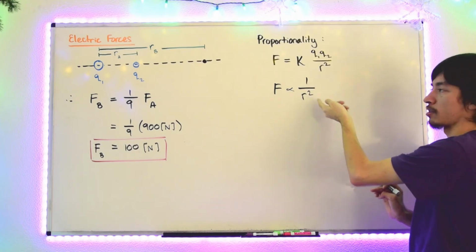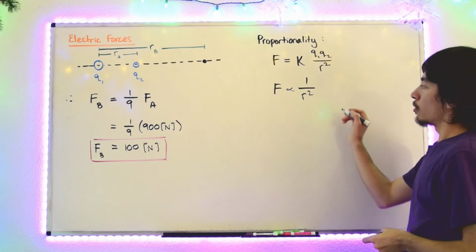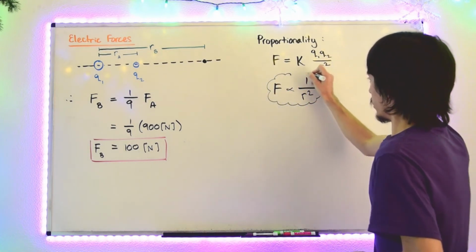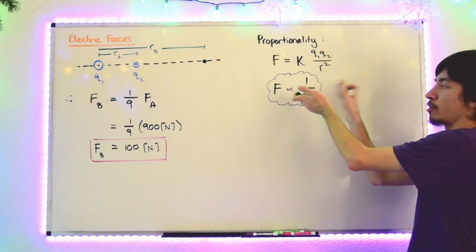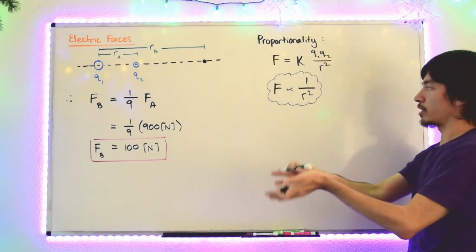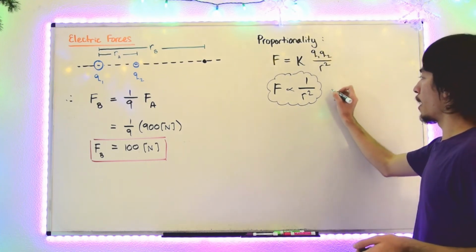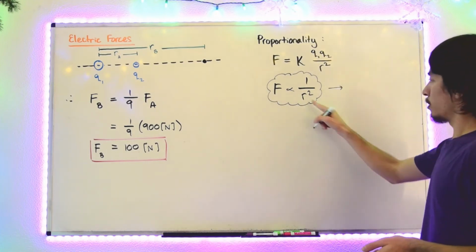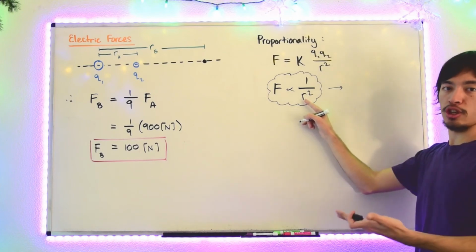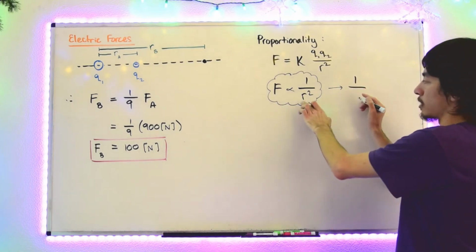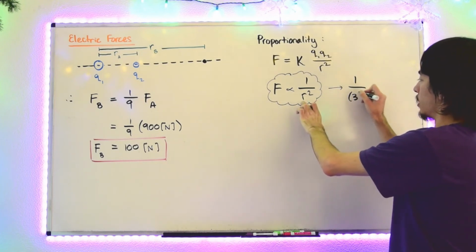So it says that the force is proportional to 1 over the square of the distance, or the inverse square. So when you attempt to use a proportionality, once you've gotten rid of the things that do not change from one to another, situation-wise or thing to thing, you only plug in the factor that things change by. So for instance, I would say that the distance tripled, so I use 3.